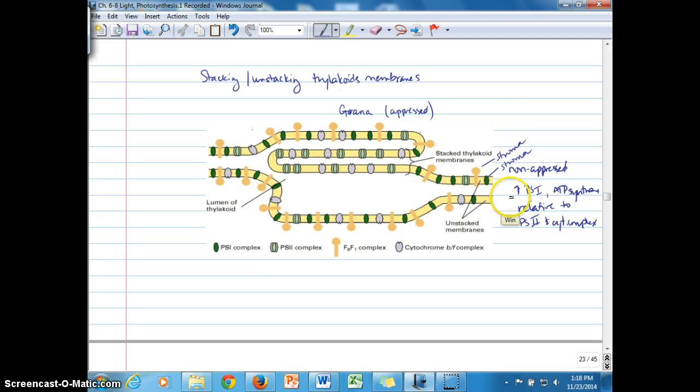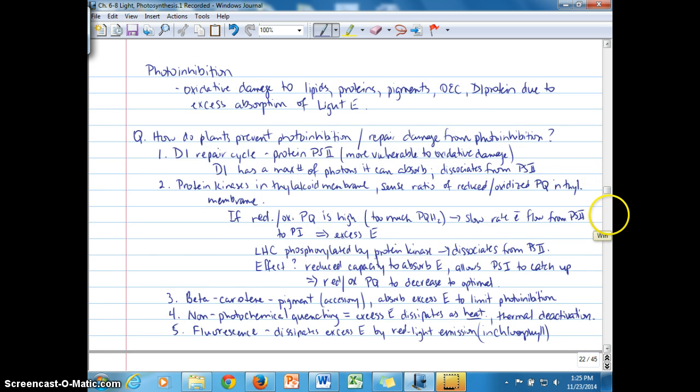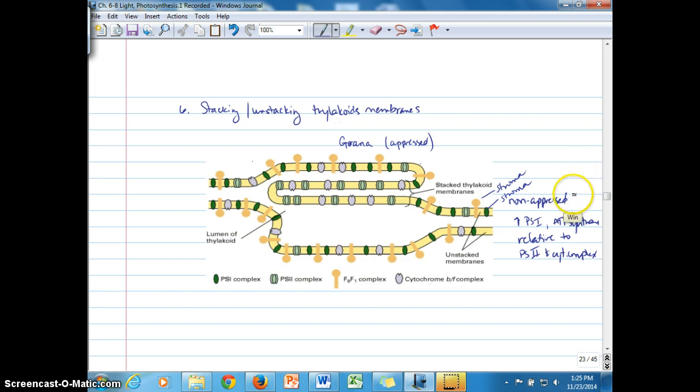So the stacking and unstacking is a dynamic process to help increase the rate of electron flow through photosystem II relative to photosystem I when photosystem II is not active enough. Keep in mind that the ATP synthesis and NADPH are going to be transferred on to the Calvin cycle.